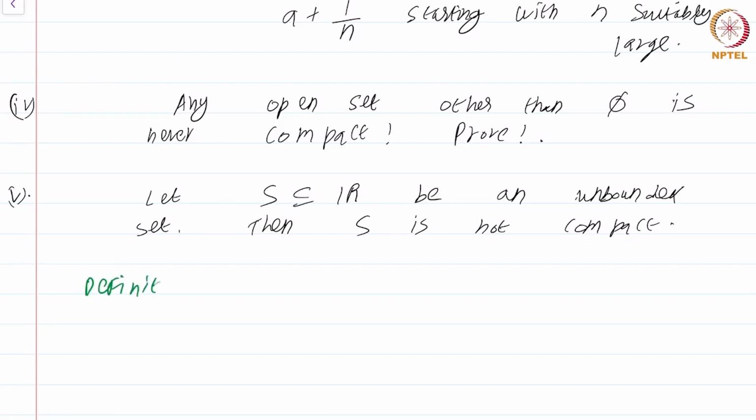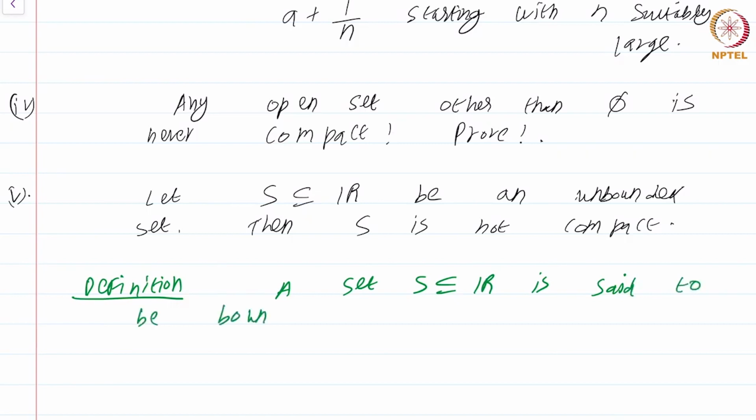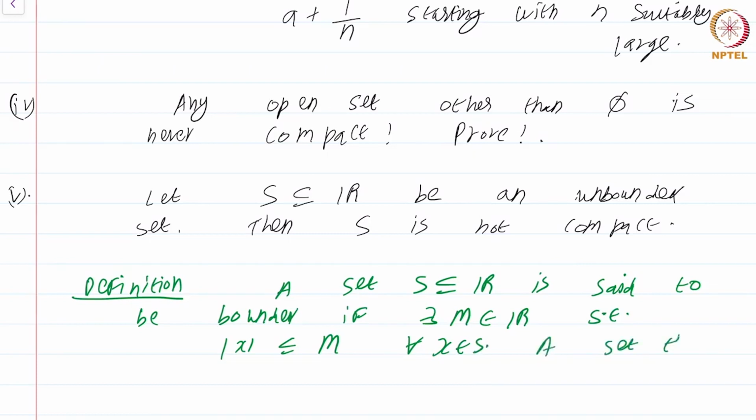Definition: a set S subset of R is said to be bounded if there exists M in R such that |x| is less than or equal to M for all x in S. A set that is not bounded is said to be, tada, unbounded.